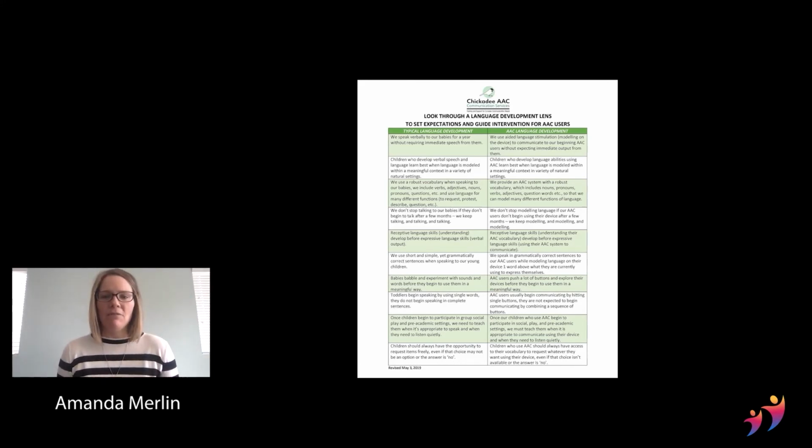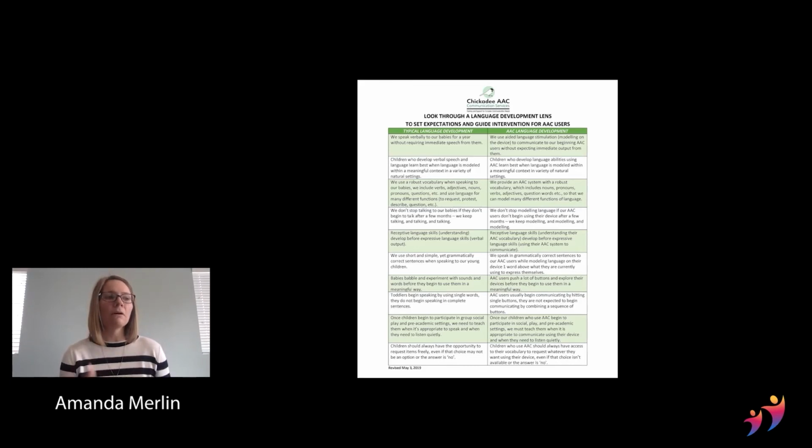If you look at this side-by-side, the typical language side and then the AAC language side, it's just a great side-by-side of how we develop an AAC symbolic language through that typical language development lens. And it shows how this really is developing a linguistic system for our AAC users.